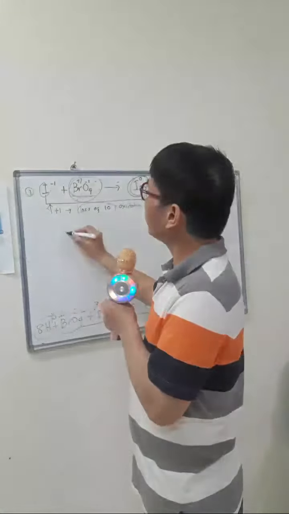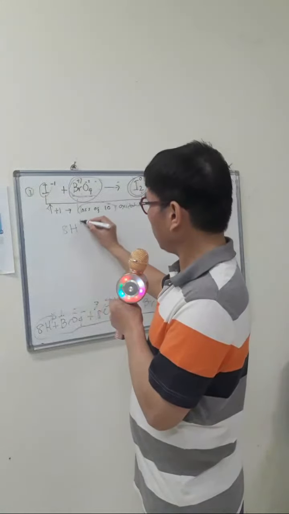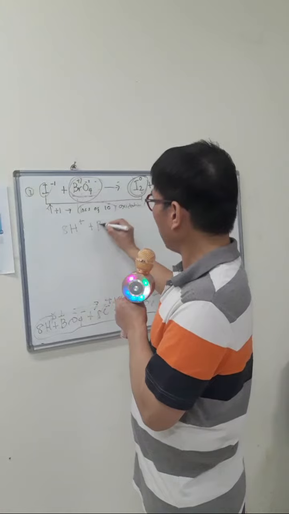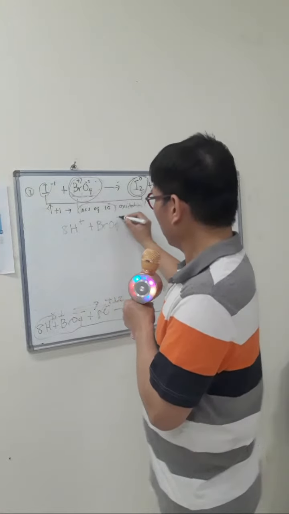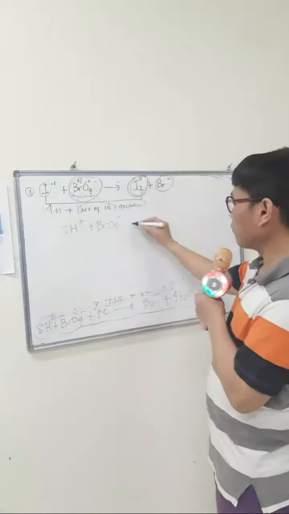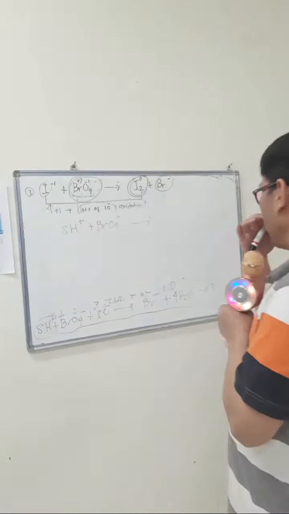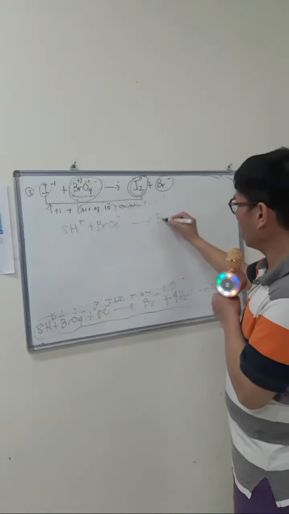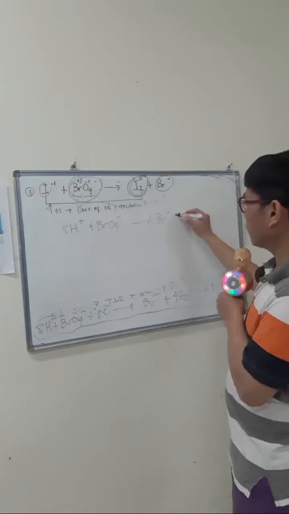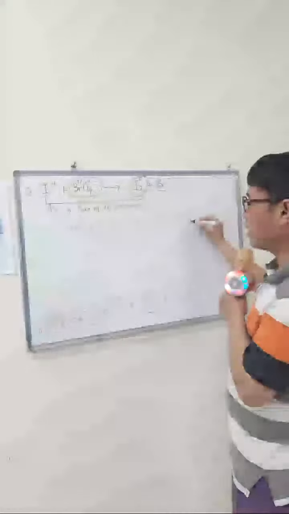So we have 8H positive plus bromate, and then a bromide plus water. You get the point.